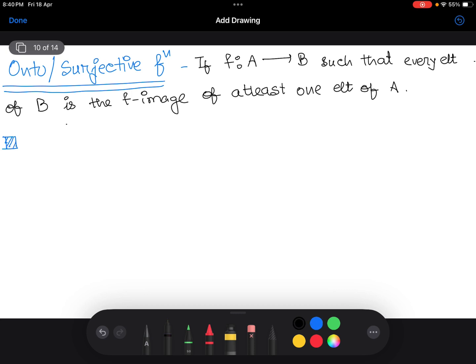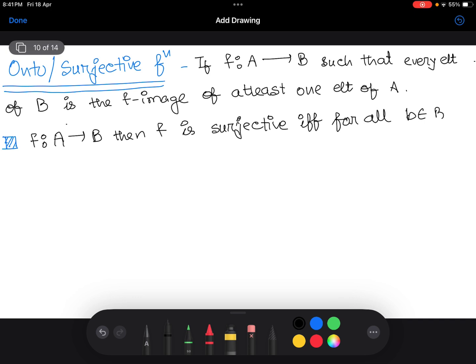Let us define f from A to B, and then f is onto or surjective if and only if for all b belongs to B, there exists some a belongs to A such that f of a is equal to b. So this is an onto function.